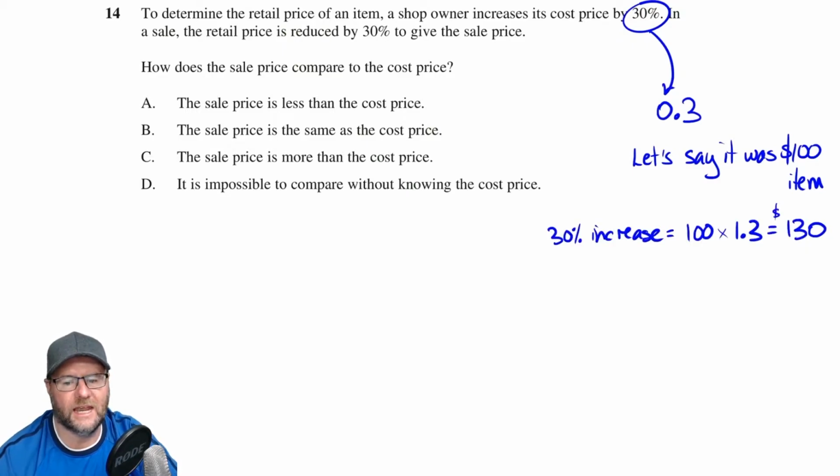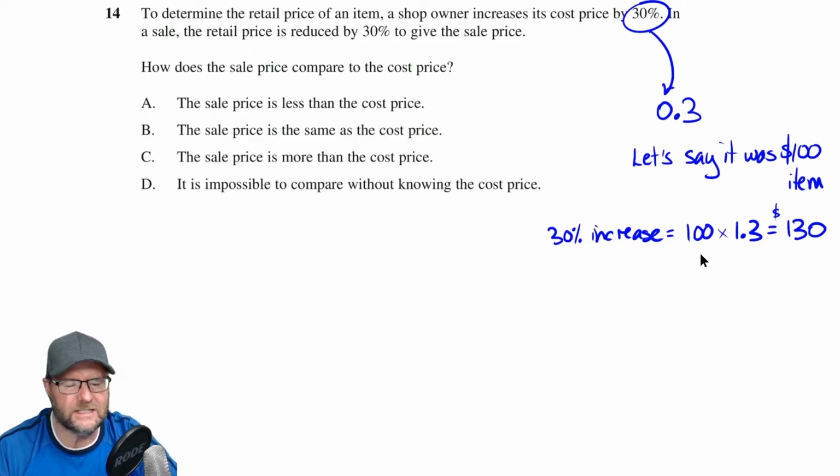It's a percentage increase. So remember, in a percentage increase, instead of doing the 0.3, we change the 0 to a 1 because we're keeping the original 100%, adding another 30%, which is this 0.3. So a percentage increase would be 100 times 1.3 gives me $130. That's what it's now on the floor for.